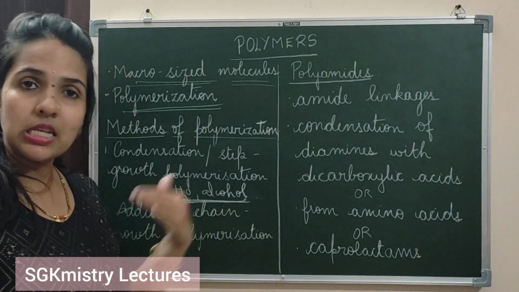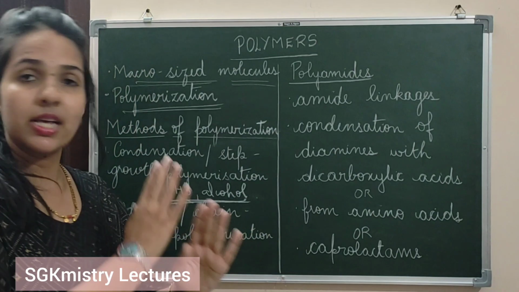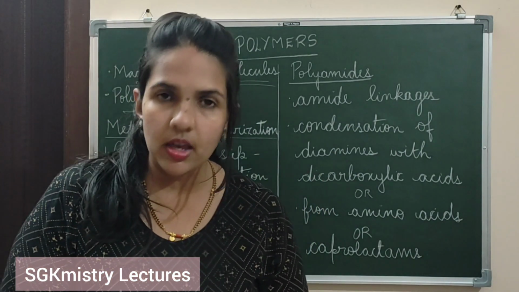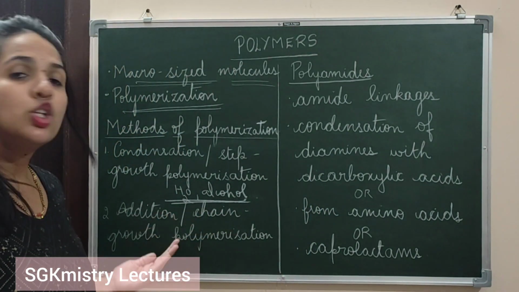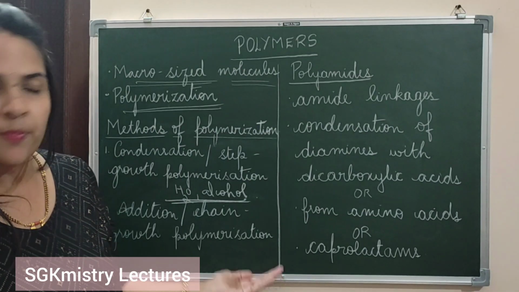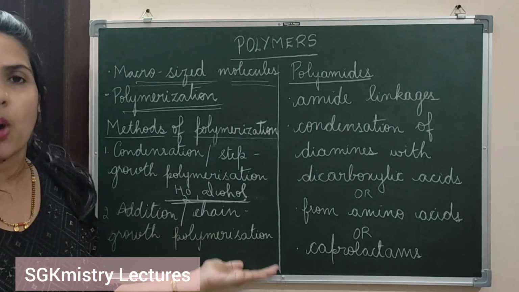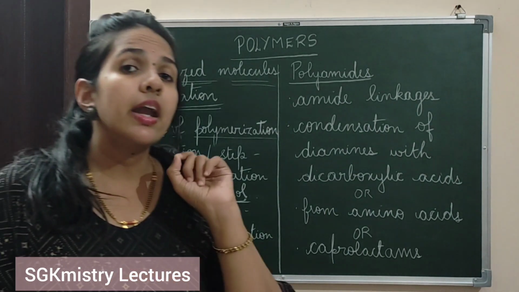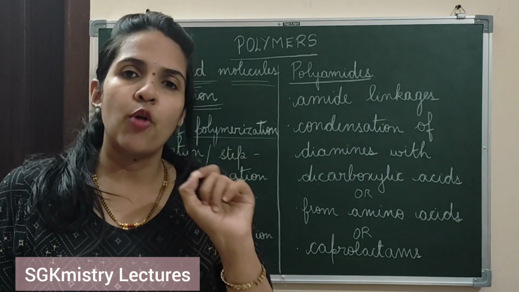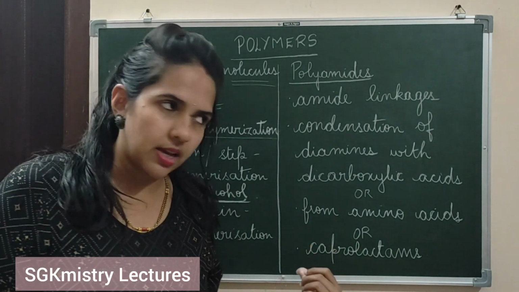Here the polymerization takes place with the increase in the chain length, and that's why we call it chain growth polymerization, or in common words I can also call it addition polymerization, since the addition reaction is taking place for the formation of the polymer in this case.